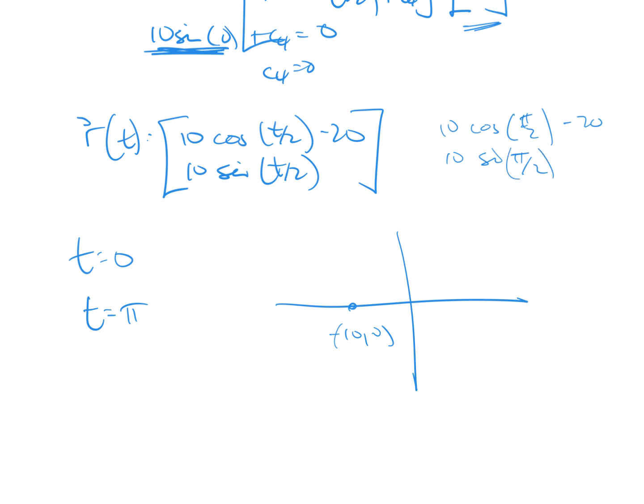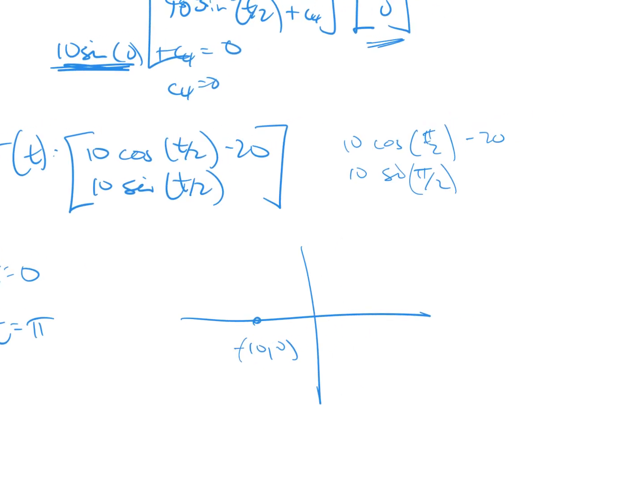Okay, I know from my trigonometry that cosine of pi by 2 is 0, so this is going to be negative 20. The sine of pi by 2 is equal to 1, so this is going to be 10. So I'm going to have the point negative 20, 10, which is up here. And so I know it started here and it went to here.